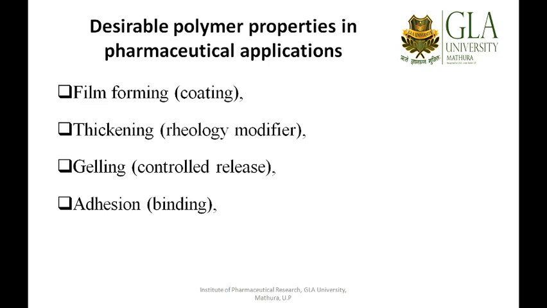Similarly, we can also develop a suspension or emulsion. To enhance their physical stability, we are looking for rheology modifiers. These are those systems which are basically imparting thickening to the system.